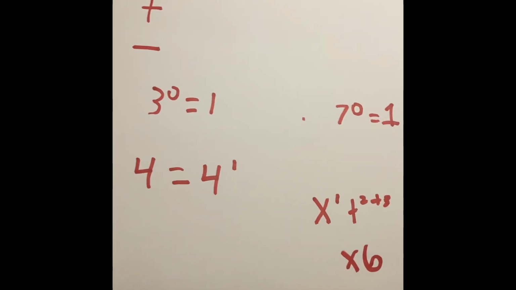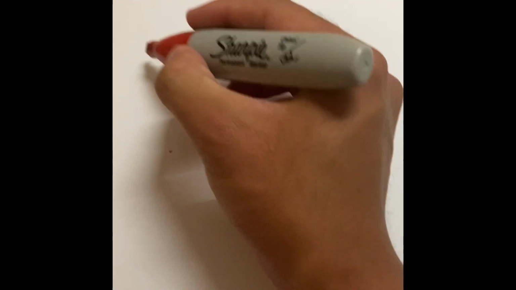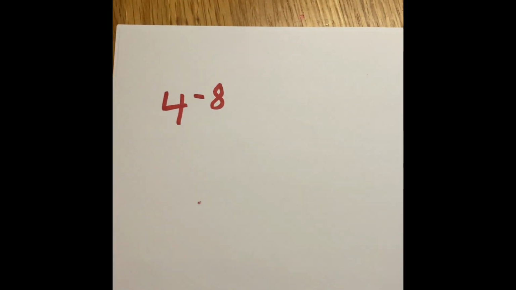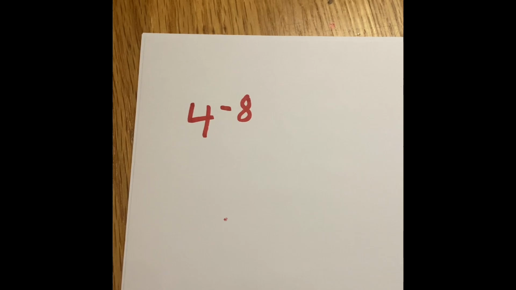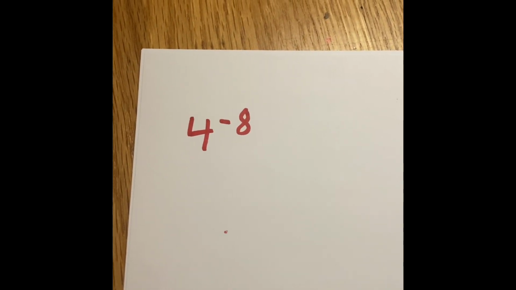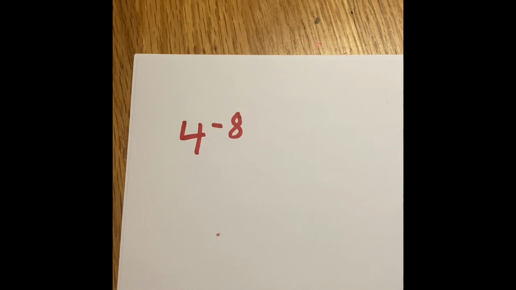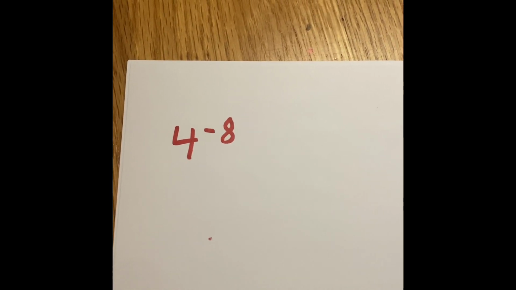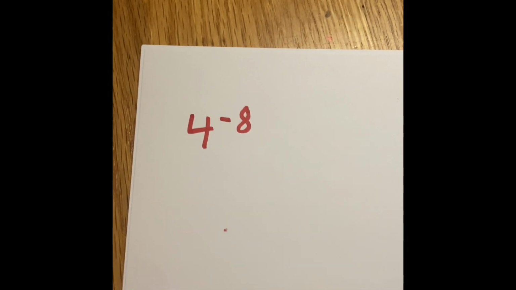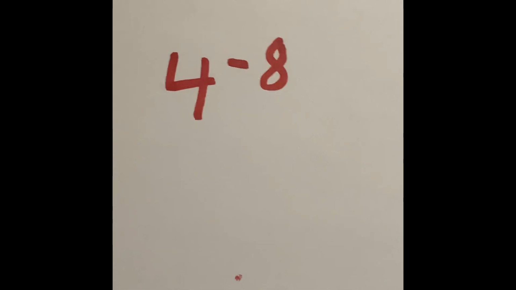This one is a little bit more complicated because it's learned in high school math. Sometimes mathematicians will get to something like 4 to the negative 8th power. But there is a little bit of a problem. Putting a negative exponent is not really the formal way to do mathematics. So mathematicians have to turn it into something else, and leaving it as a negative exponent is actually a lazy way of doing mathematics.